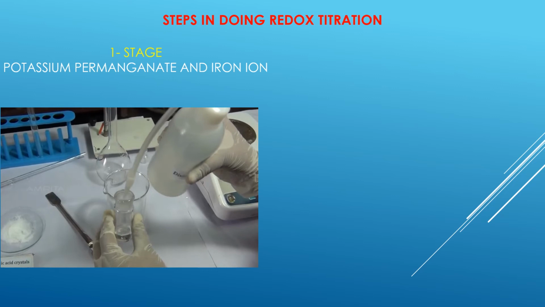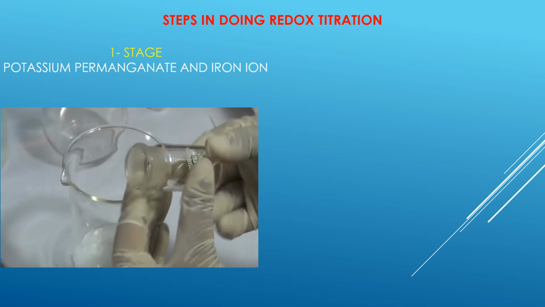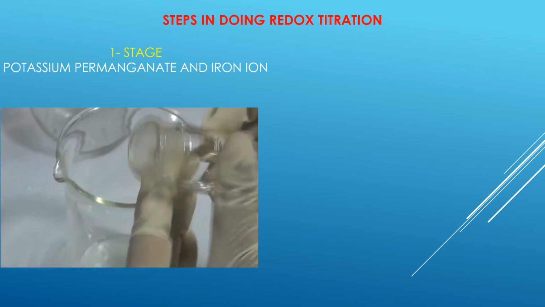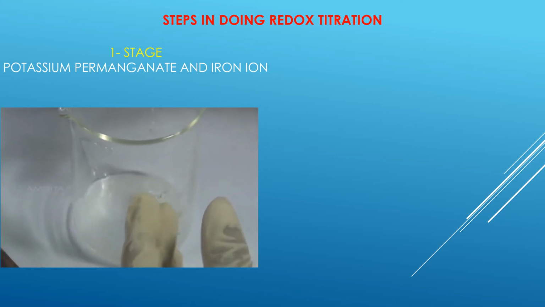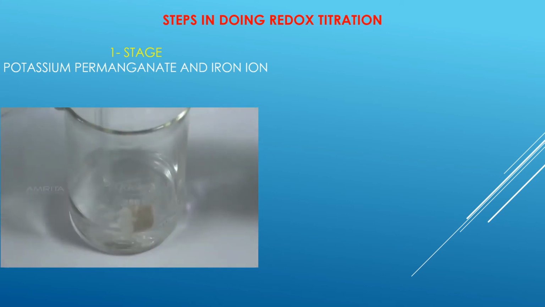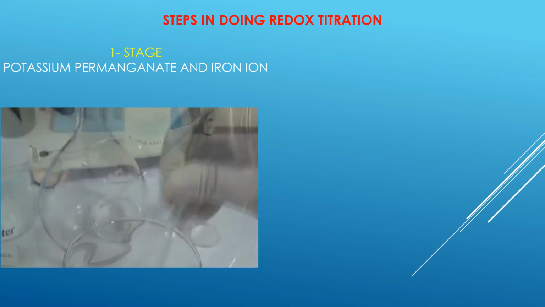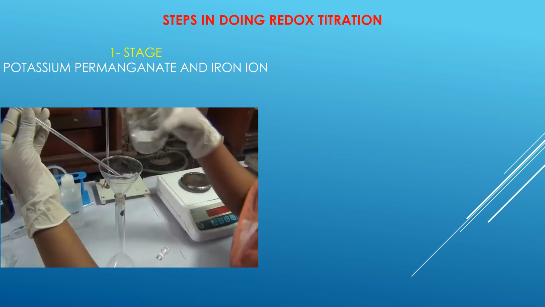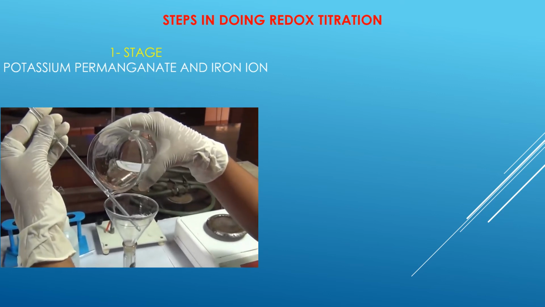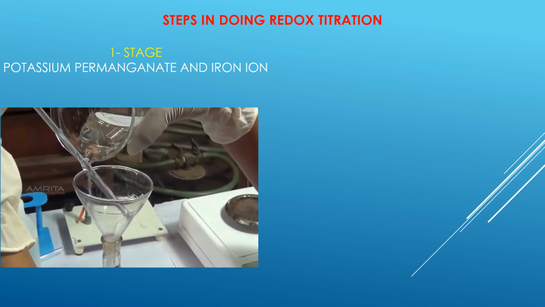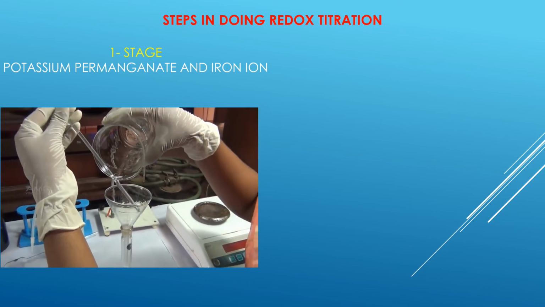Wash the weighing bottle 2 or 3 times with distilled water to transfer the particles sticking to it into the beaker. Dissolve oxalic acid crystals in the beaker by gentle stirring with a clean glass rod. Using the funnel and the glass rod, transfer the entire solution from the beaker into the 250 ml standard flask.